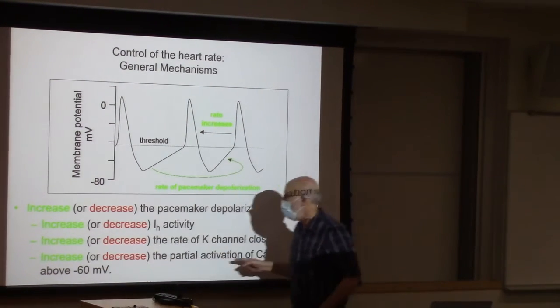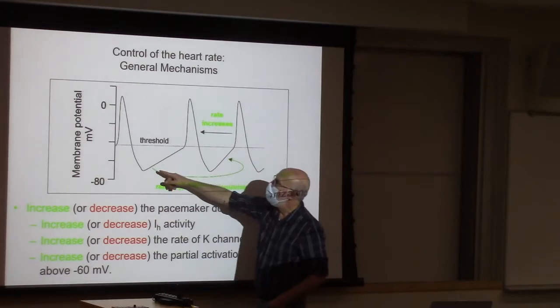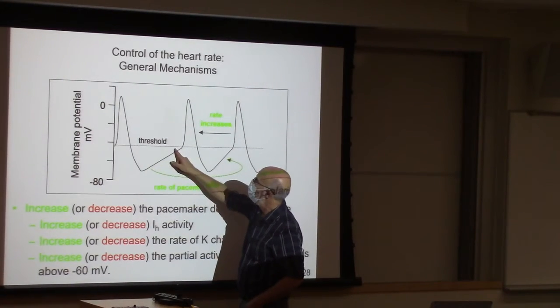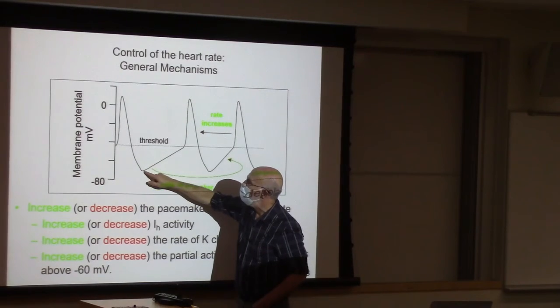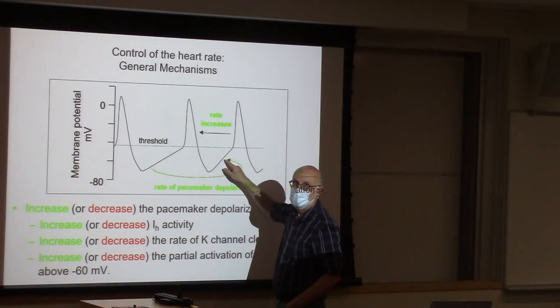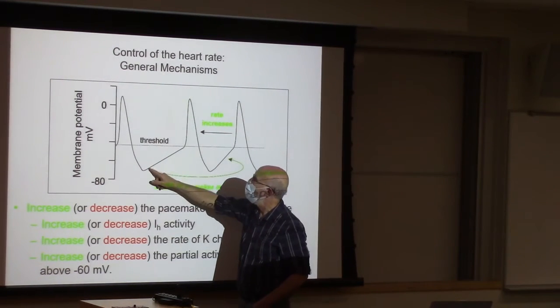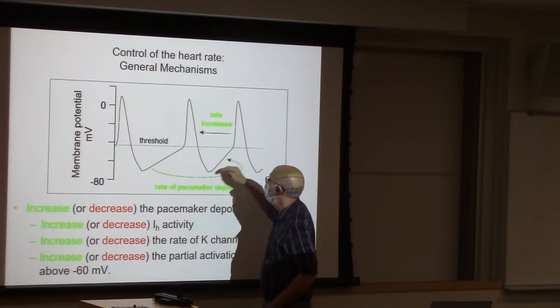Or we could activate the calcium channels more and faster, right? More IH, faster. Faster closing of the K channels, faster. More calcium channels would contribute to the depolarization more, and that would make it faster.